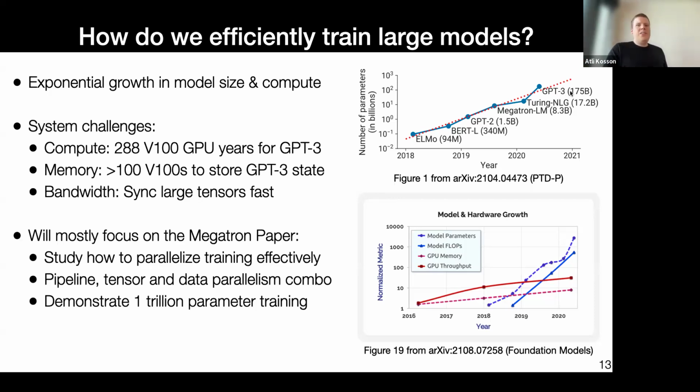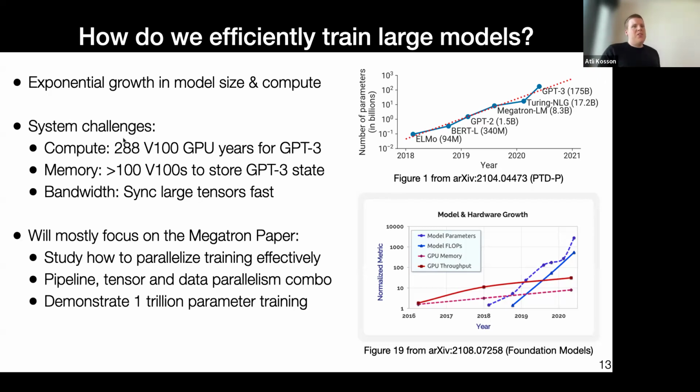And this no longer fits on a single GPU. Like we saw before, a single GPU might have 80 gigabytes of memory, which won't fit 170 billion values, and that's without any optimizer state or anything like that.